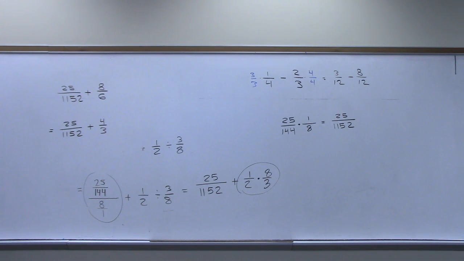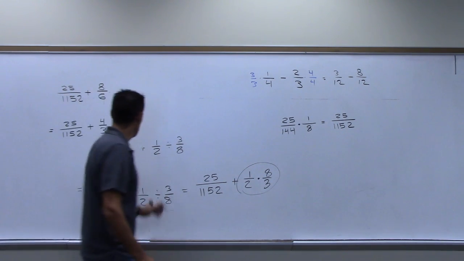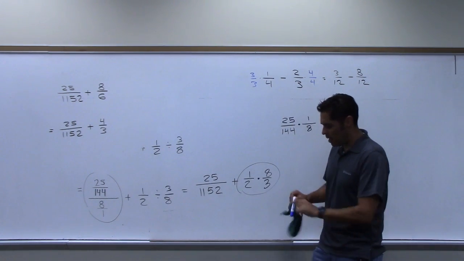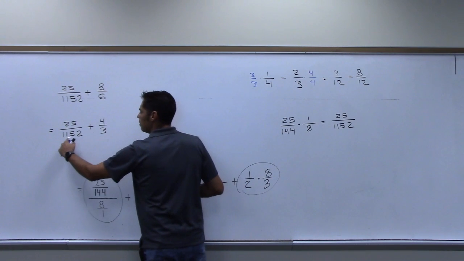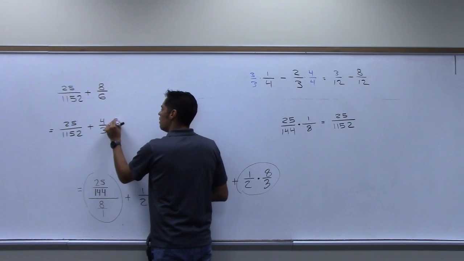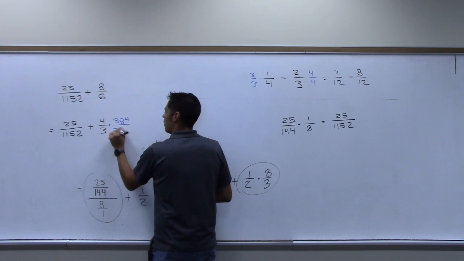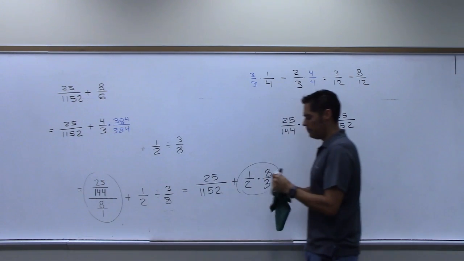Common denominator. Does it go in there? It does go in here. So 1152. So what do I have to multiply 3 by to turn it into 1152? 384. Top and bottom.